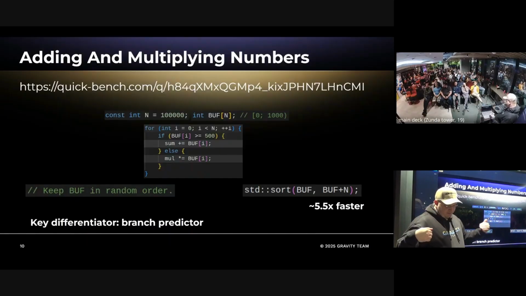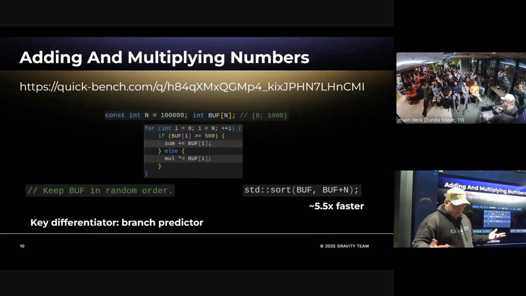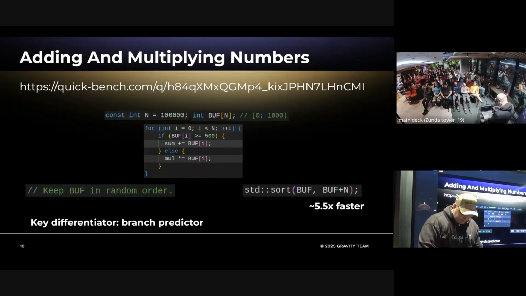And then once we switch over into the second half of the buffer, we're always going to take the other branch, and that's going to be easy to predict as well. So we're not going to be throwing away all the work in the pipeline and restarting it over. Okay, is that clear? All right.